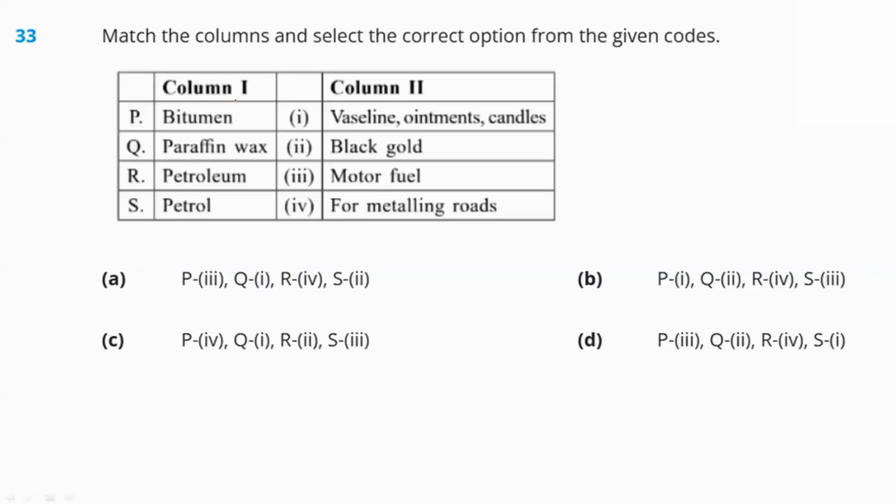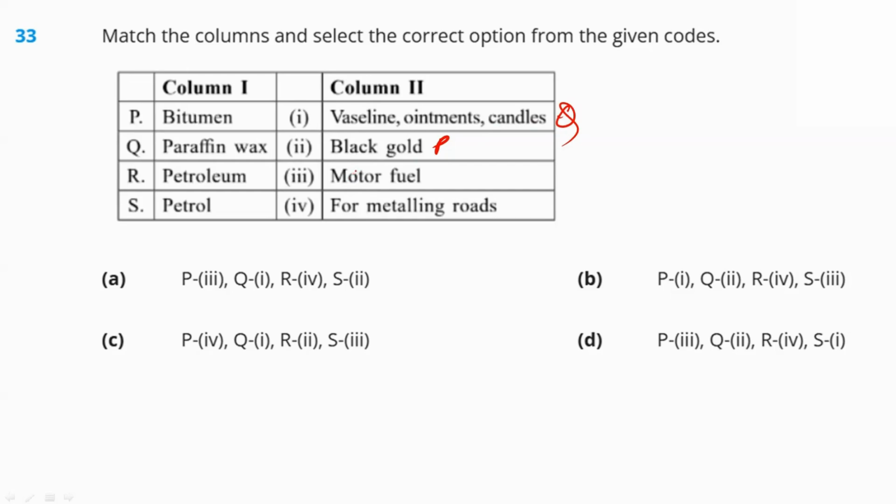Next, match the columns and select the correct option from the given codes. Okay, so bitumen is obtained from the black gold, which is petroleum, right? Then paraffin wax is used in Vaseline, ointment and candles.